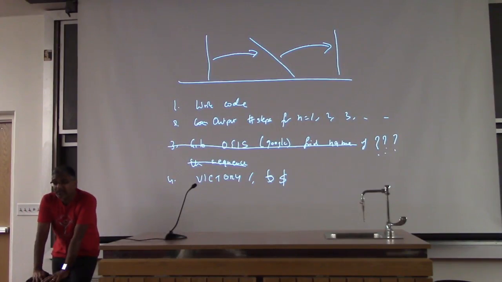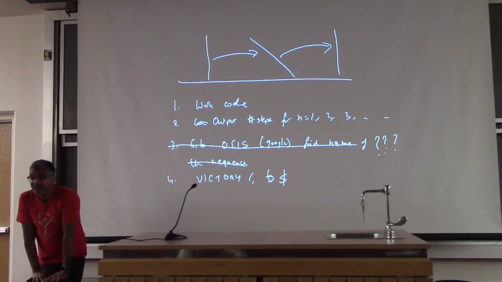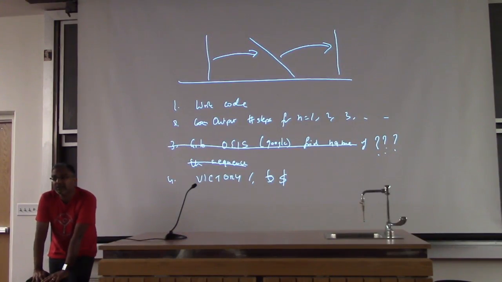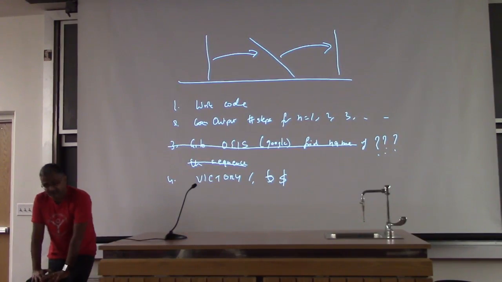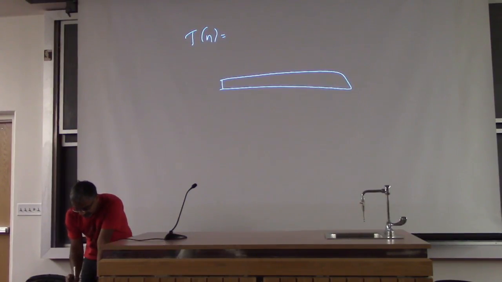Pick a random element. Use that to split the array into things above it and things below it. Recurse on each side. Okay, what's your recurrence for quicksort? T of n is equal to, so I have my array, I pick a random element, and I have things below it and things above it.